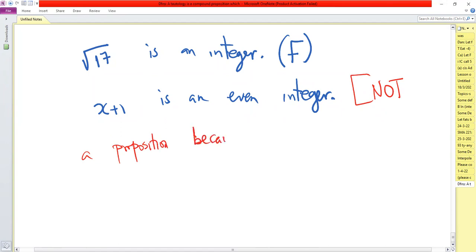Not a proposition, because it could be true or false depending on the value assigned.